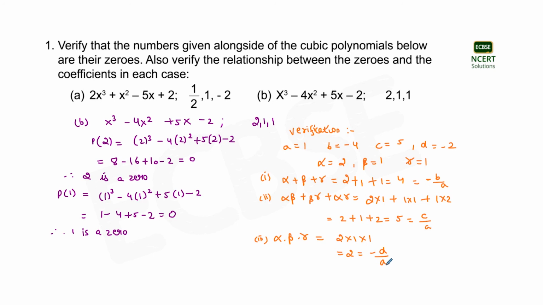So the third relation is also perfectly fine for this polynomial, which means that we have verified that these 3 are the zeros of this polynomial and have also verified the 3 relationships between the values of a, b, c, d, alpha, beta and gamma respectively.